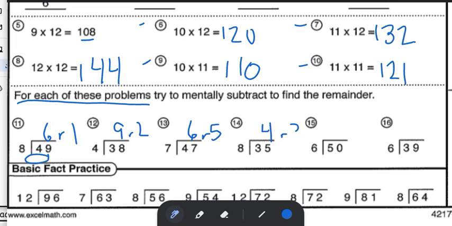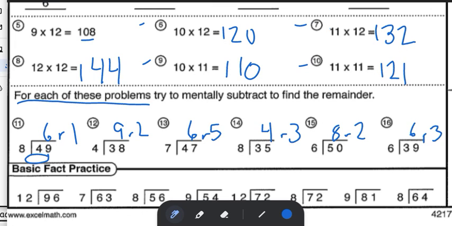And from 32 to 35 is 3 more. 6 goes into 50 8 times because 8 times 6 is 48. And 2 more to make 50. 6 into 39. 6 times 6 is 36. And then we have a remainder of 3 because from 36 to 39 is 3.